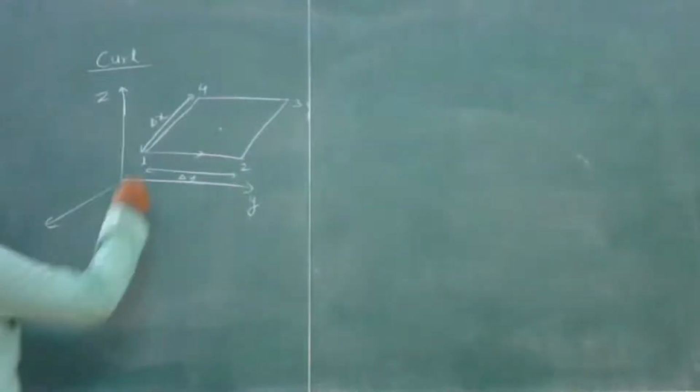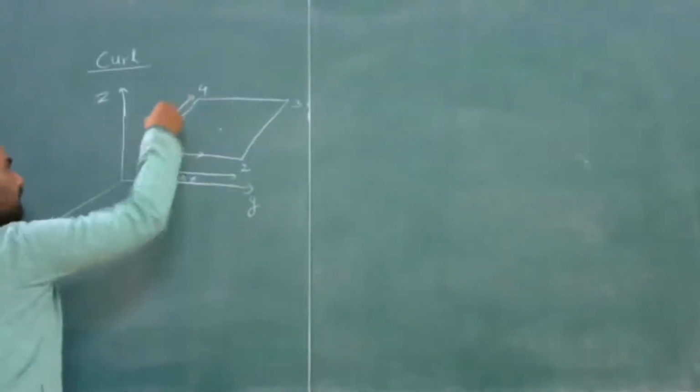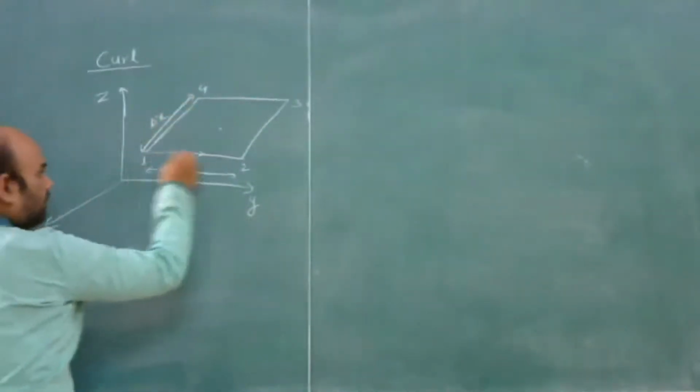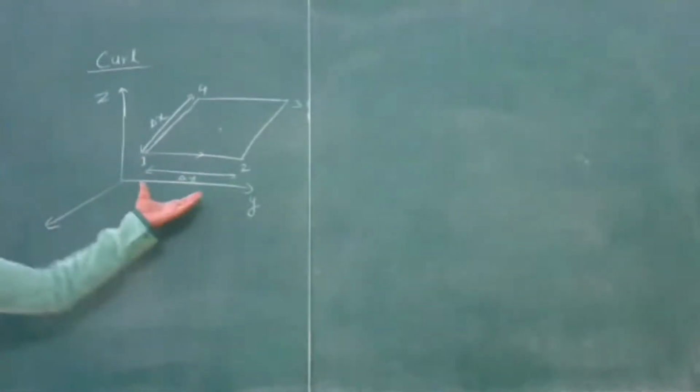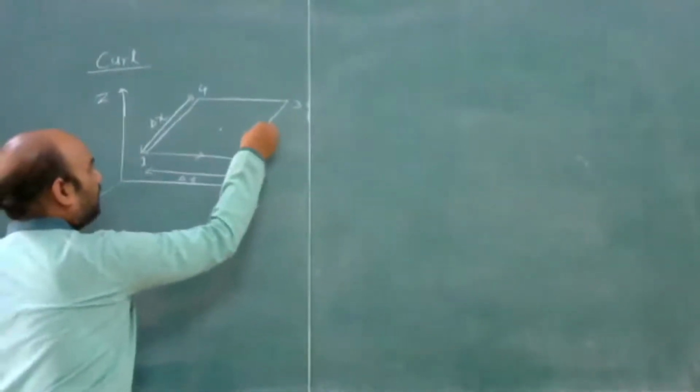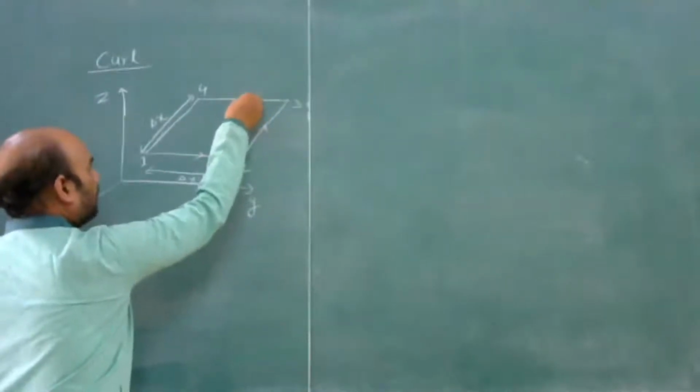So the incremental length delta x is parallel to the x-axis, and delta y is parallel to the y-axis.